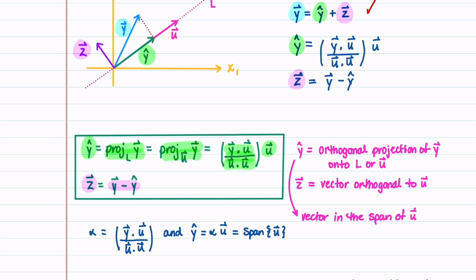I want to make a note that since y hat is equal to alpha times u, where alpha is defined as y dot u divided by u dot u, y hat is a linear combination of u, and we will sometimes call y hat the span of u. Y hat is the orthogonal projection of y onto L or u, or it's often called a vector in the span of u.